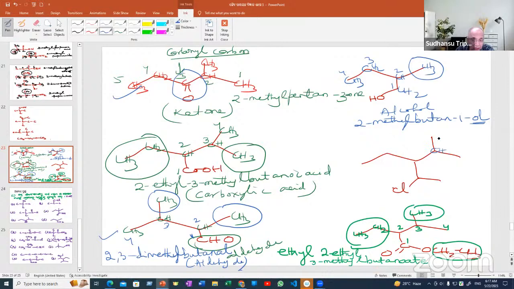You know, I have introduced at least up to 3 carbon atoms: methyl, ethyl, propyl, and isopropyl. This is isopropyl, this is CH, this is CH2, this is CH3, and this is CH, this is CH2. So our tree will be in this way.